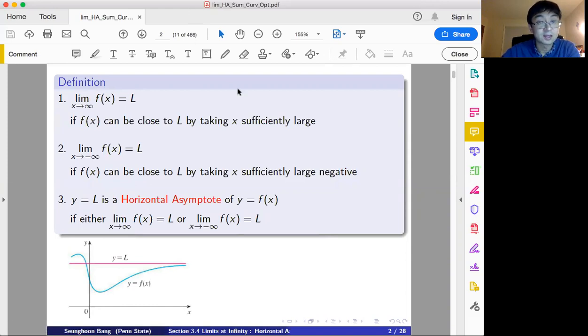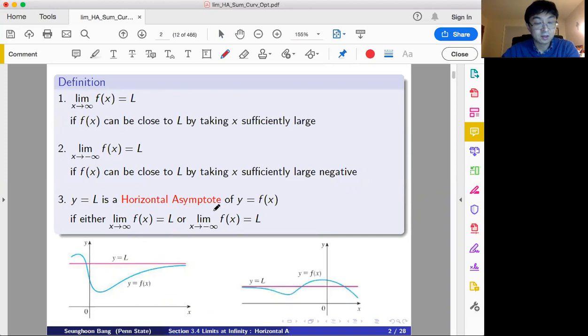So in this case, x approaches positive infinity. So what happens? f of x approaches y equals L. So it satisfies this condition, y equals L is a horizontal asymptote.